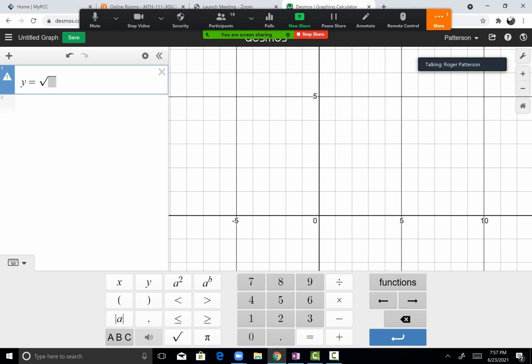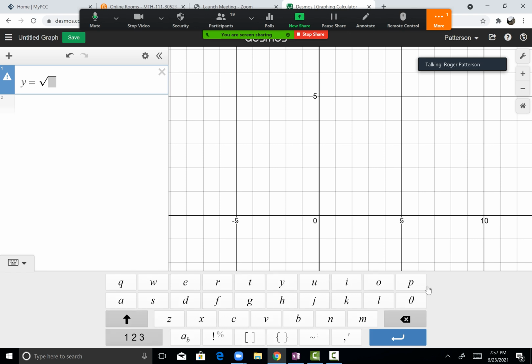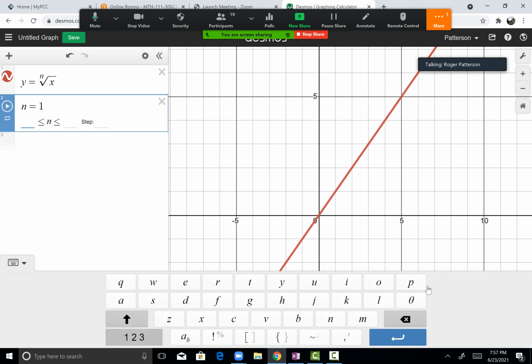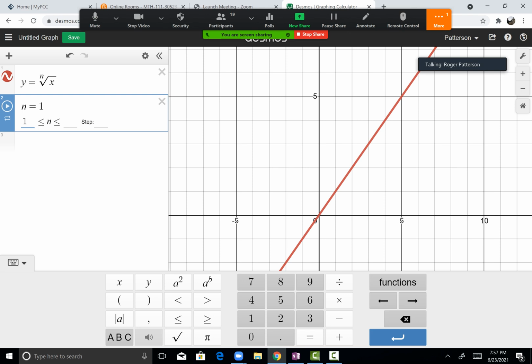It had an N there, so I'm going to put an N there, and then I'm going to put X inside. Again, it asked me for a slider, so I'm going to say yes. And again, I want to change this, so I start with 1 to 6, and I'm stepping it by 1.